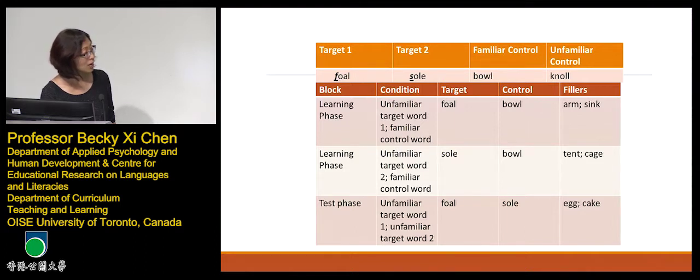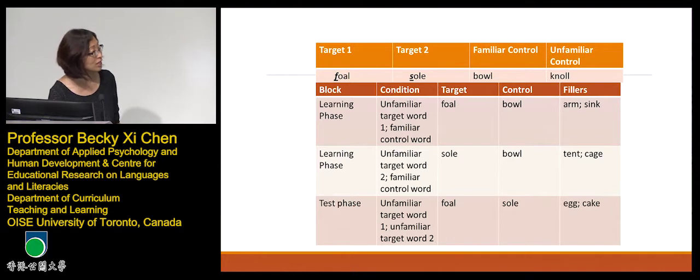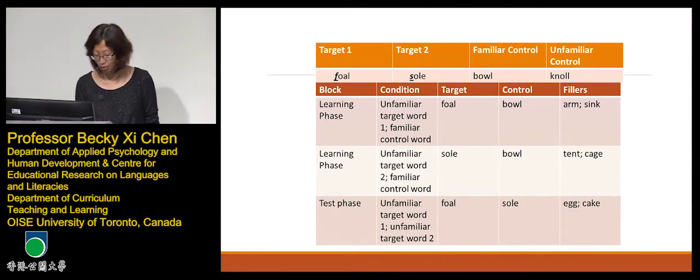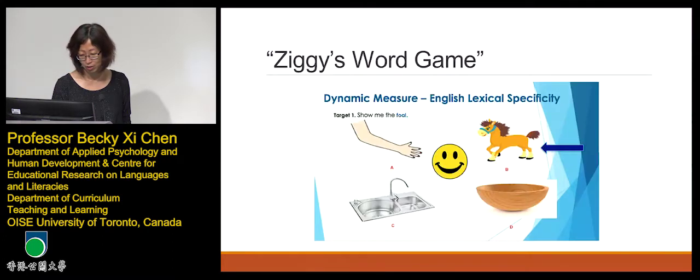In this phase, they have to compare and contrast the words foe and so. These two words are both new words, and they sound similar to each other. So this is the testing phase. Okay, so this is how the game goes. Then I'll show you the pictures.